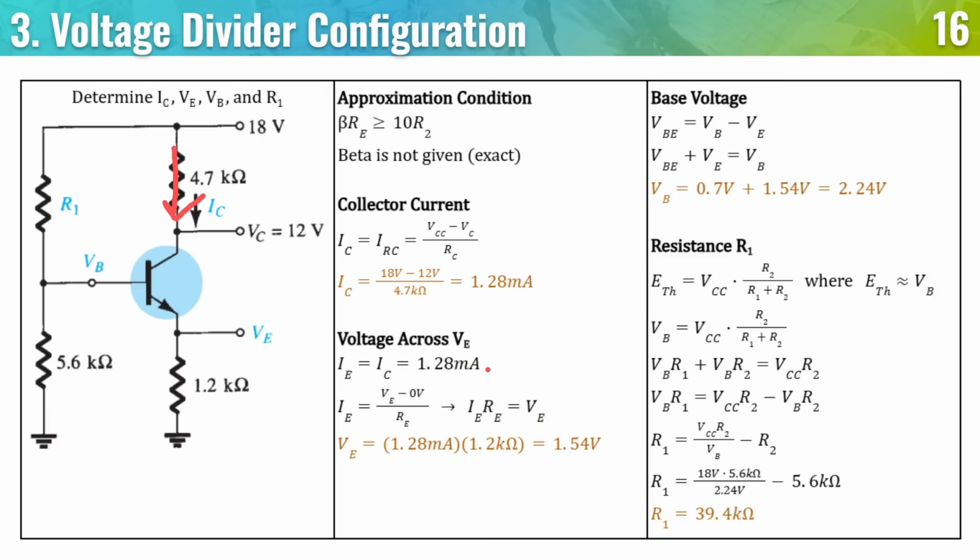So the voltage across VE is going to equal VE minus 0 volts over RE because this is connected to 0 volts, or to the ground. So therefore, we can say that IERE is equal to VE.